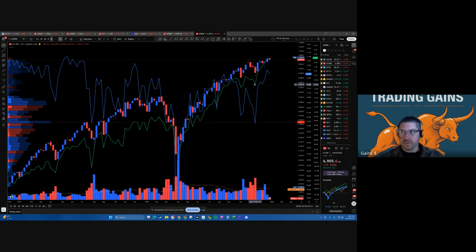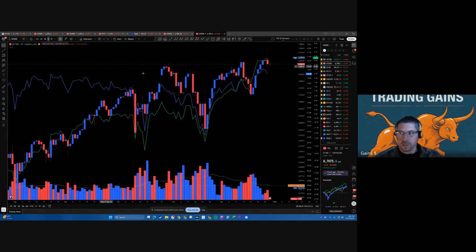So you can always see here that last time we had a decent amount of selling for that week, we had the VIX jump up to about 23, and then we had UVIX almost double. So I don't want to say it's a one-to-one function, but there have been a lot of questions out there about UVIX and how that works.